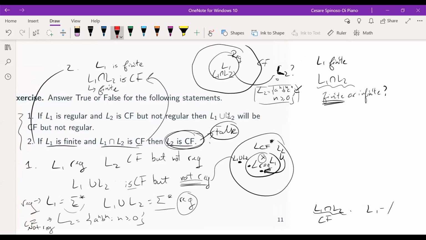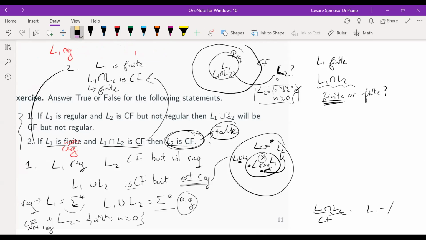Statement 2 is saying, imagine instead of finite this was regular: L1 is regular and L1 intersect L2 is context-free, then L2 is context-free. So this is not the same thing as L1 is regular, L2 is context-free, then L1 intersect L2 is context-free. Oh, I see what you mean. Yeah, because you're taking this and putting it here and taking this and putting it here. So the converse, even though it's not exactly the converse, is not necessarily true. Okay. Good?